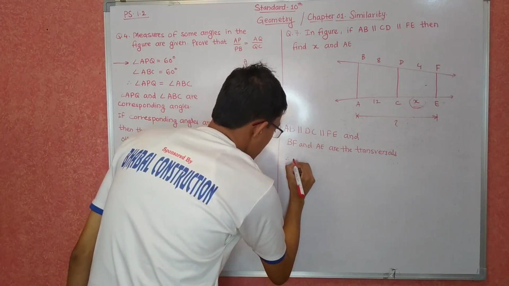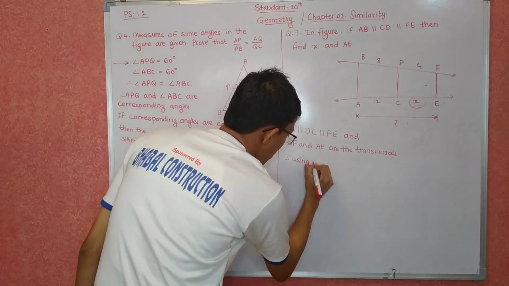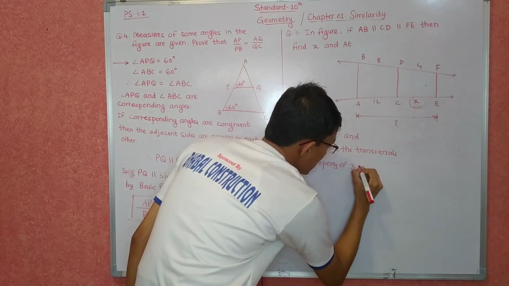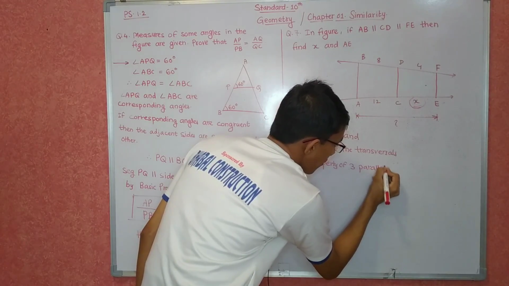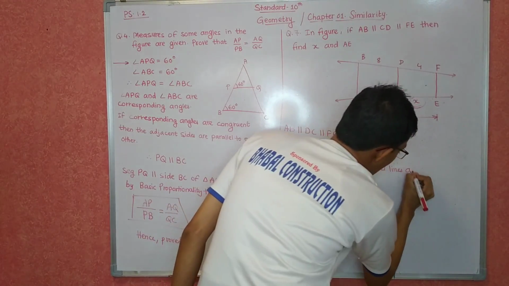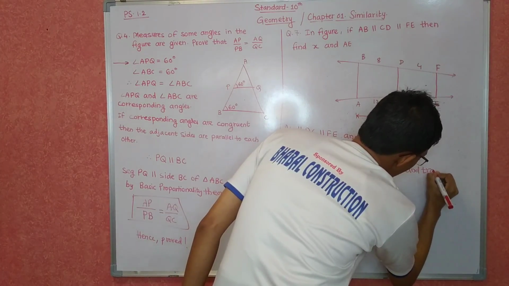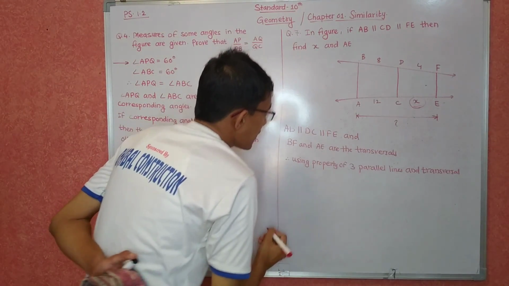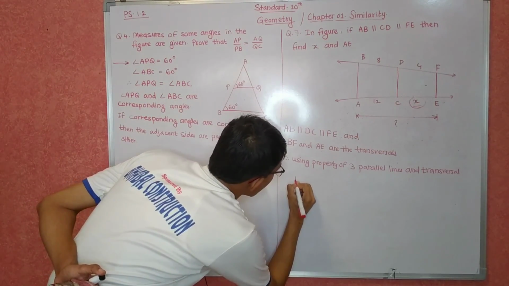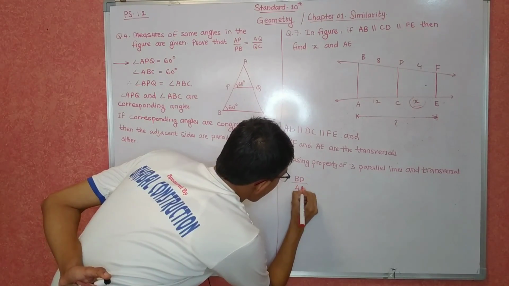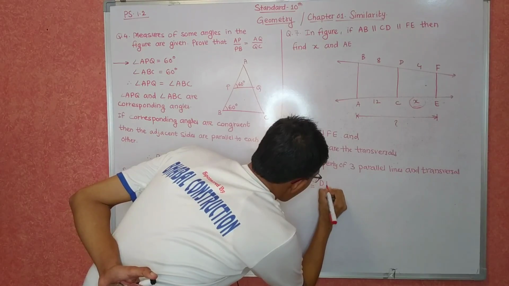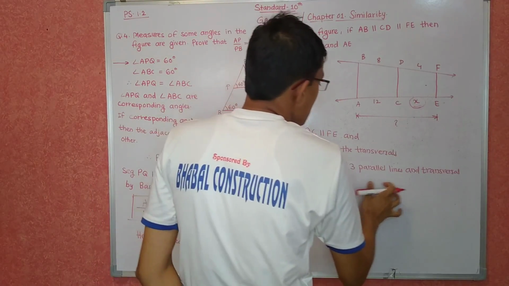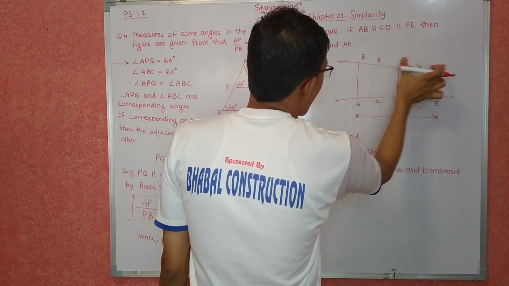So therefore, using the property of three parallel lines and transversal, we can write BD upon AC is equal to DF upon CE. Okay, by using the property of three parallel lines and transversal, we can write that BD upon DF is equal to AC upon CE.